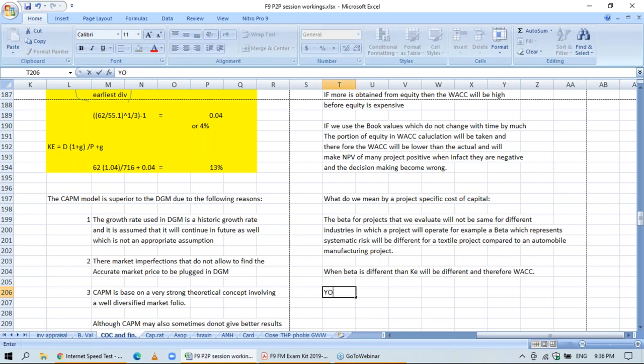The same WACC cannot be used to evaluate two projects that are in different business sectors.